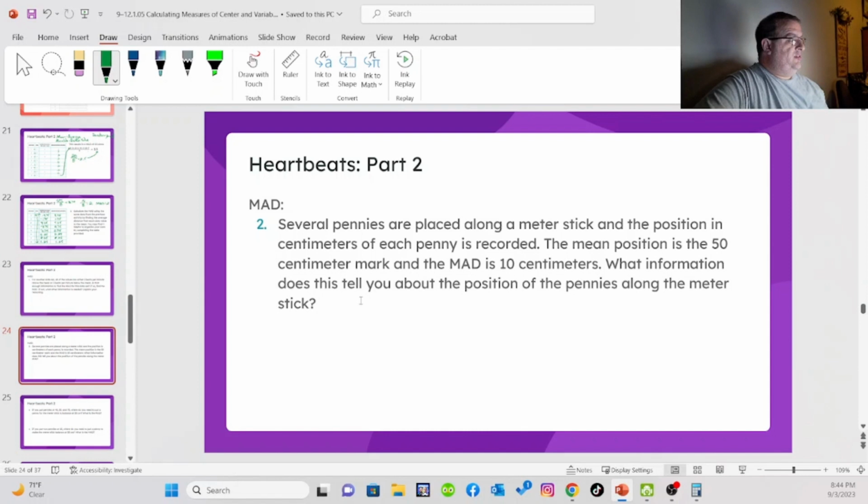Question 2, several pennies are placed along a meter stick, and the position in centimeters of each penny is recorded. The mean position is the 50 centimeter mark, and the mean absolute deviation is 10 centimeters. What information does this tell you about the position of the pennies along the meter stick?